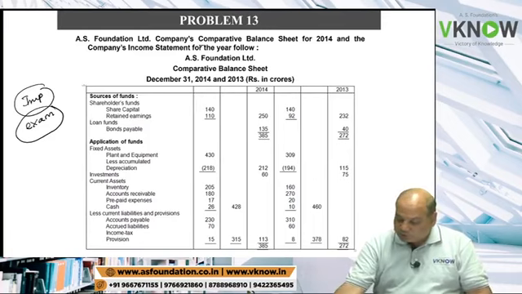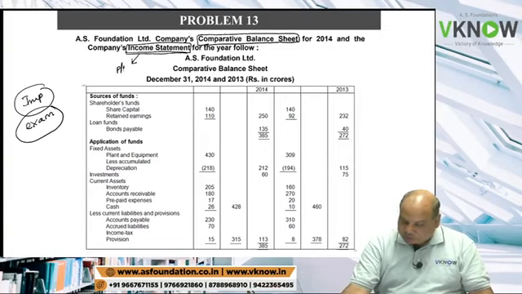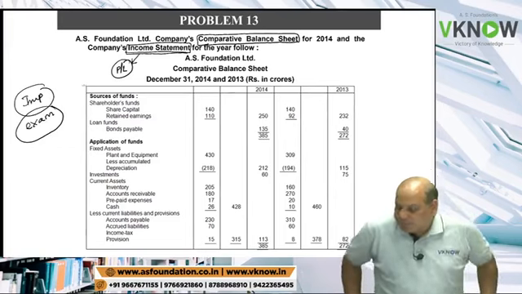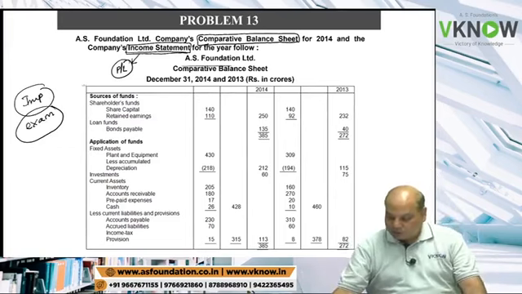So, this time in this question, you are given a balance sheet and an income statement also. Income statement means P&L account is also given. So, this is the first question where you have P&L account also, and a comparative balance sheet for 31st December 14 and 13.